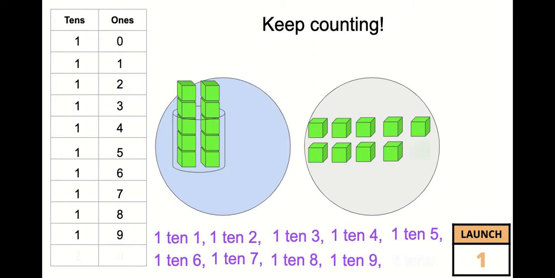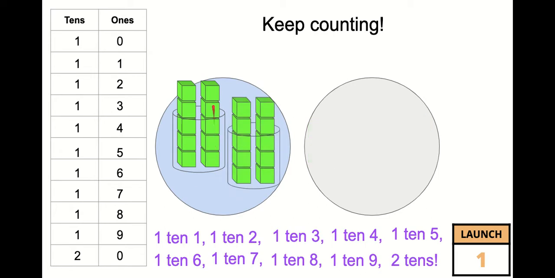Okay. Two tens. Is that what you had predicted? Great job. So now we have two tens and we need to move them over to the left with our one ten. So now we have one, two tens.